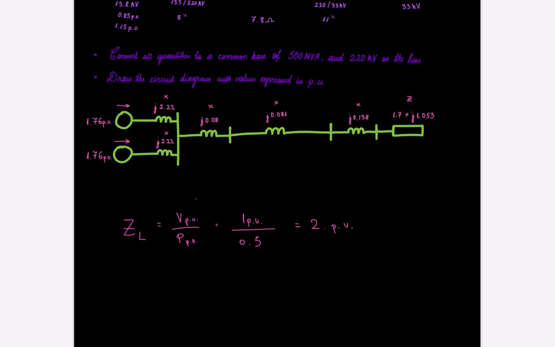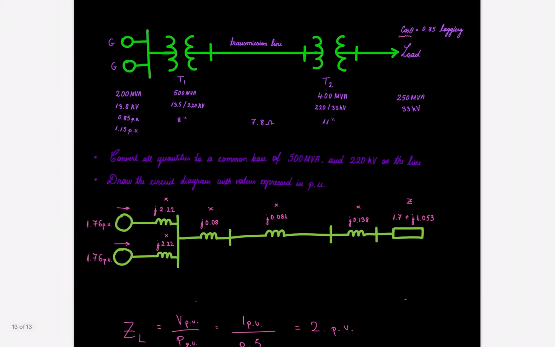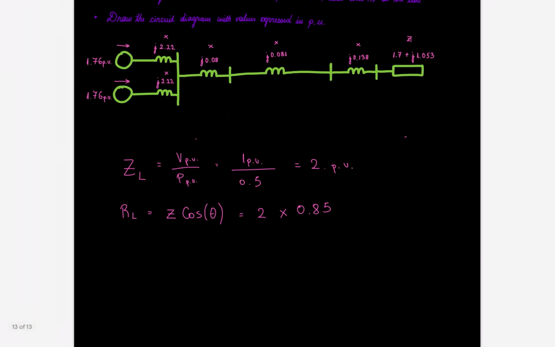So it's going to be the resistance of the load. It's going to be Z cos theta. Remember the triangle. So 2 times 0.85, because cos theta is the power factor, and that gives 1.75 per unit. That's the real part.